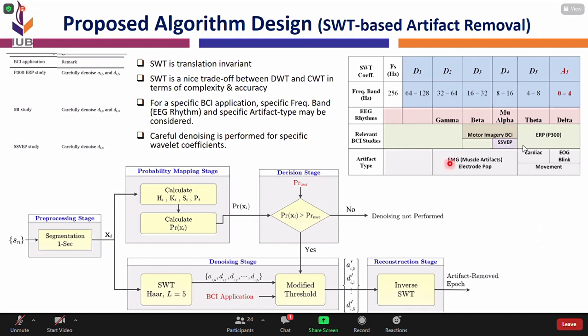So we have mapped our SWT coefficients, the decomposed wavelet coefficients, into different frequency bands, obviously, and we have tried to map them to the different EEG rhythms, relevant BCI studies and the artifact type.